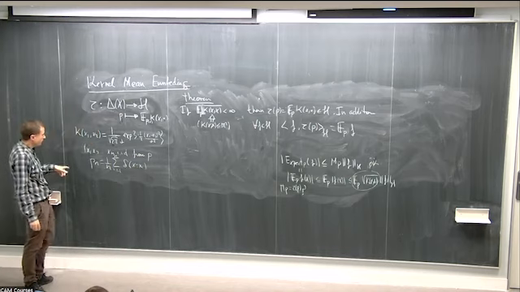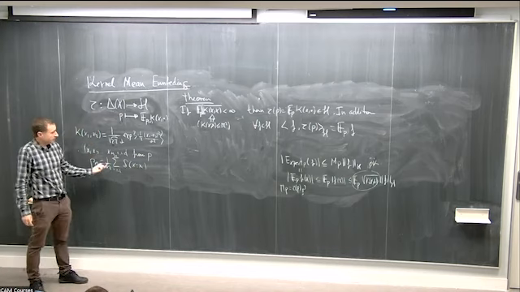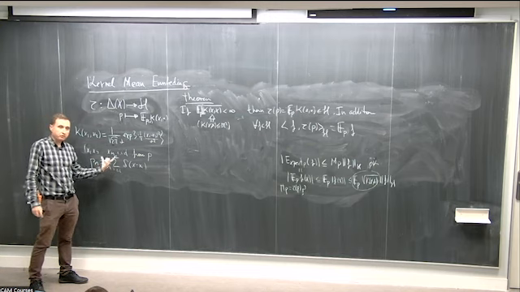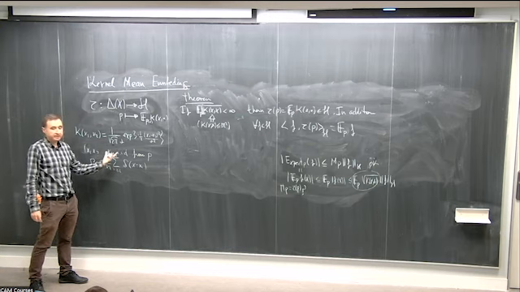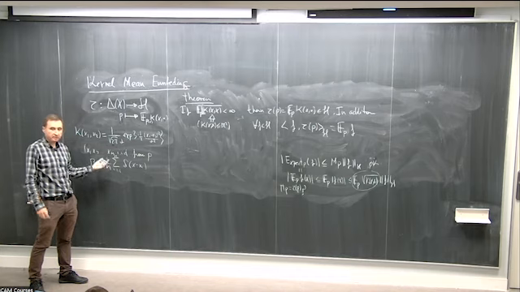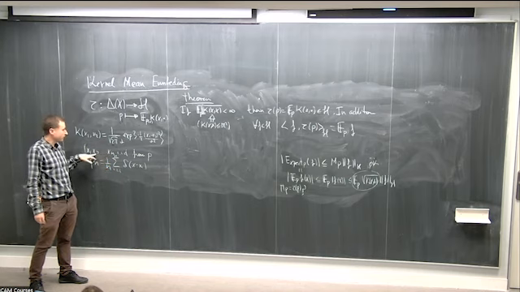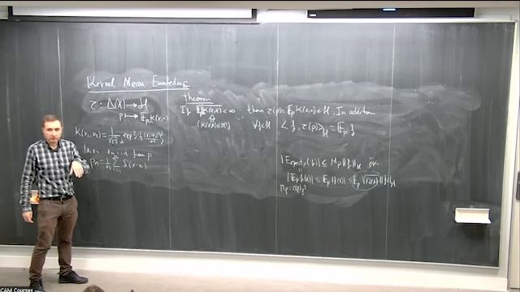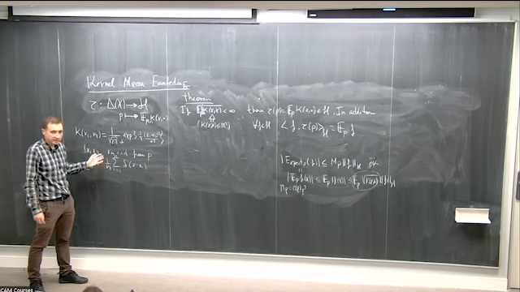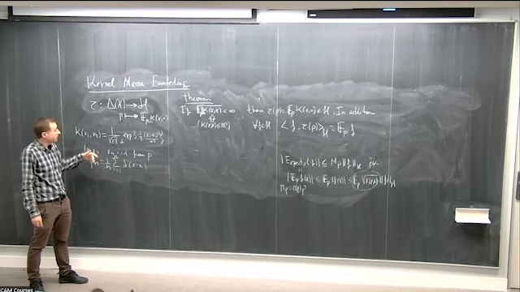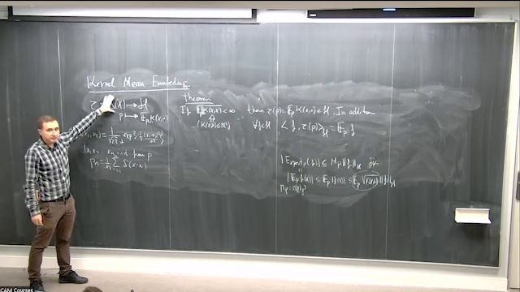This empirical distribution puts probability 1 over n into each one of the samples and probability 0 to the others. This is the usual empirical distribution, and it is going to be an element here.